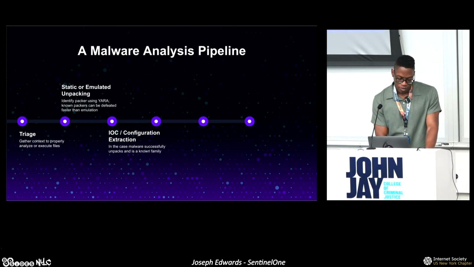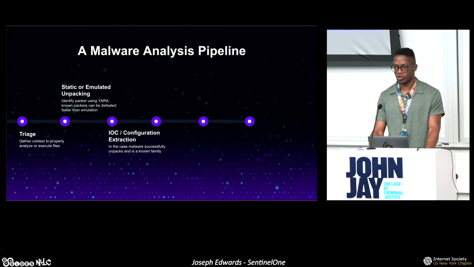And so you may be able to statically unpack it, or you may be able to emulate the unpacking process. For things like UPX, it's pretty easy to use an emulator just to emulate that function that performs the decompression, or to just emulate to the point where it's unpacked and then dump that from memory. This is still a lot faster than running it in a sandbox.